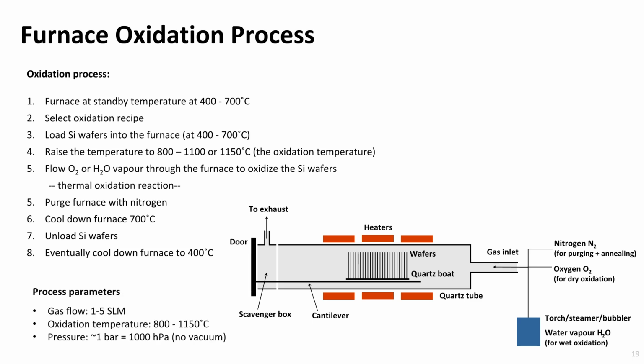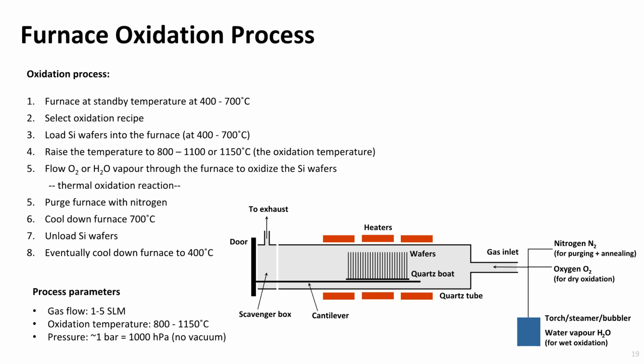Some typical process parameters include a gas flow between 1 and 5 SLM, or standard liters per minute, and an oxidation temperature between 800 and 1100 or 1150 degrees. Since the oxidation process takes place at atmospheric pressure, no vacuum pumps are required. The gases are introduced into the furnace tube through mass flow controllers that control the gas flows.